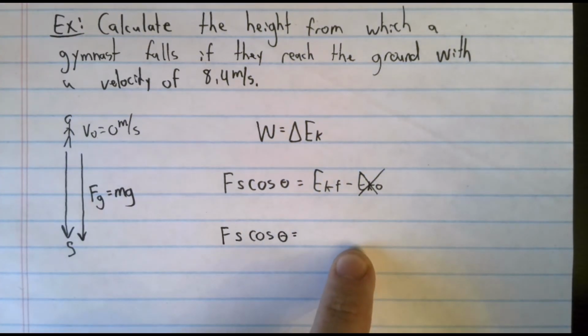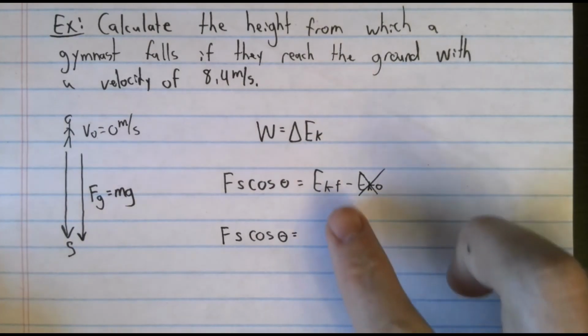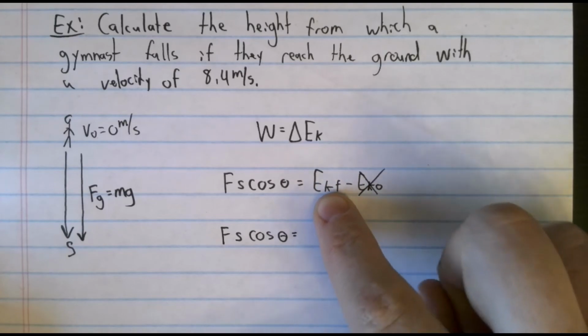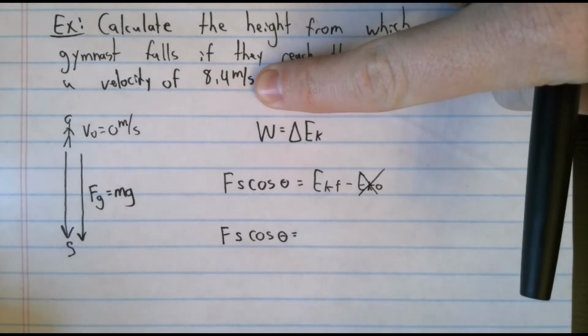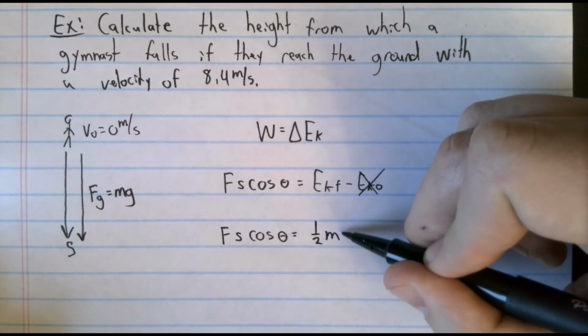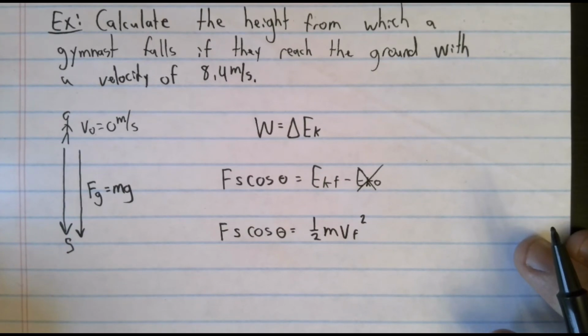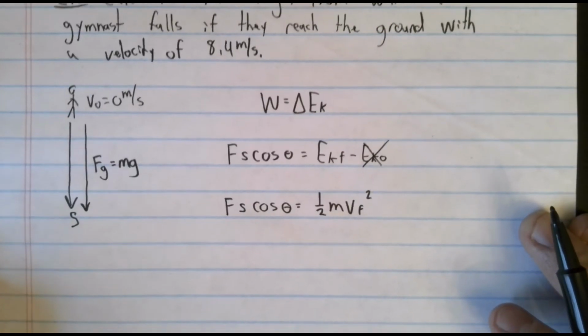We're supposed to calculate, we don't have any information about kinetic energy, but hey, we've got that final velocity, 8.4, so I'll rewrite this with the velocity version. I'm not quite there.